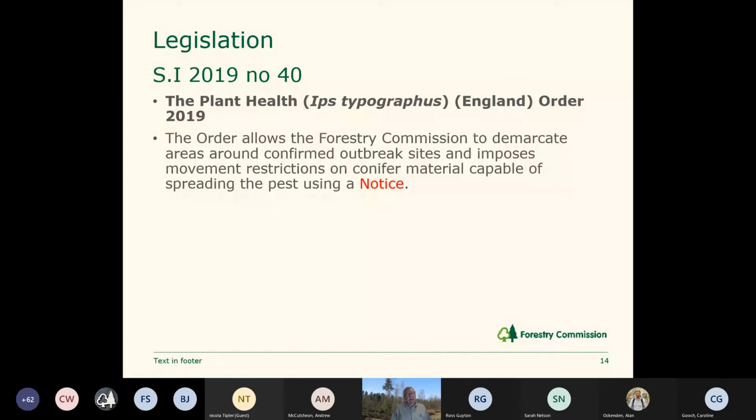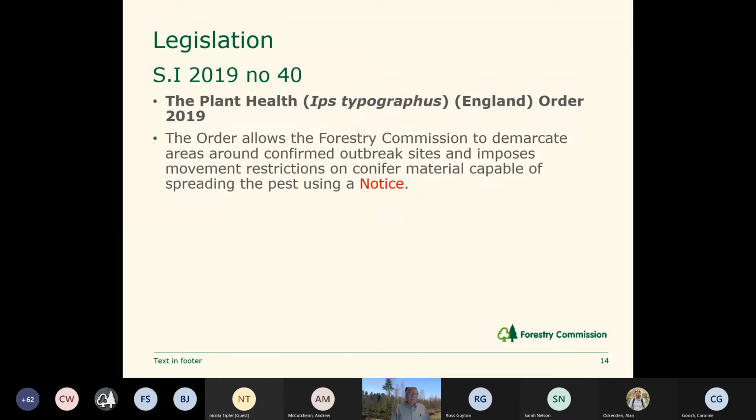So this is the overarching legislation under which we operate, and that's been laid in such a way that at the time, should we have determined any other outbreak sites, it would have given us some ease in terms of how we manage that. As it happens, we've only had one site of infestation, so that has simplified things.